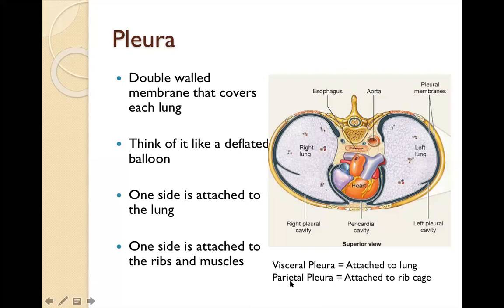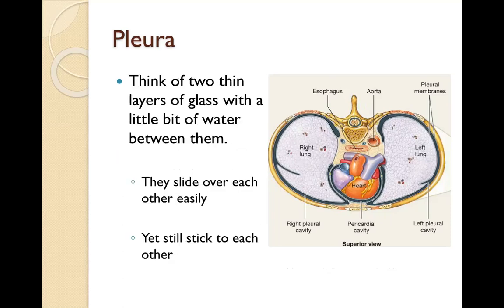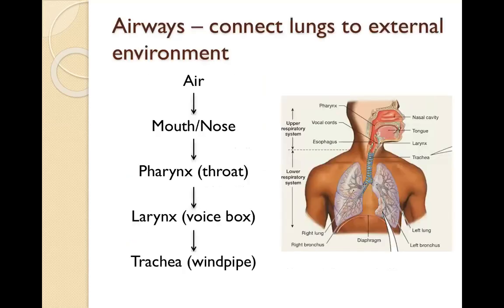In anatomy, when learning about the GI tract or abdominal region, you'll have learned about the peritoneum. There's a visceral peritoneum and a parietal peritoneum, and it's the exact same nomenclature. The visceral peritoneum is attached to the organ itself, and the parietal peritoneum is attached to the walls around it. So don't forget about the pleura. It's going to come back when we talk about the mechanics of breathing.